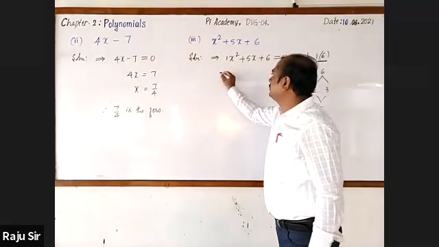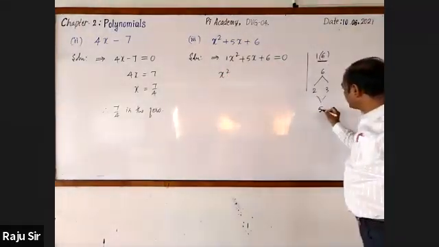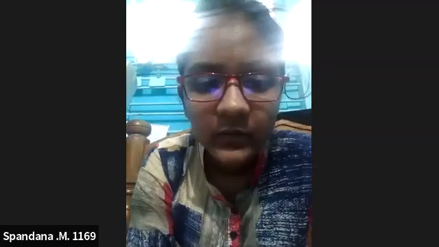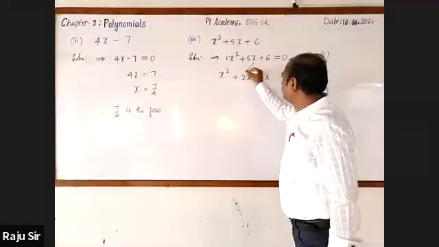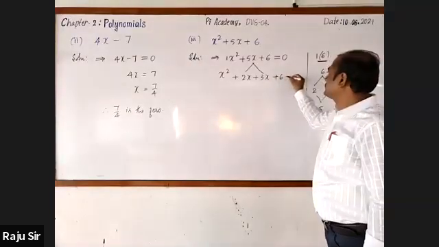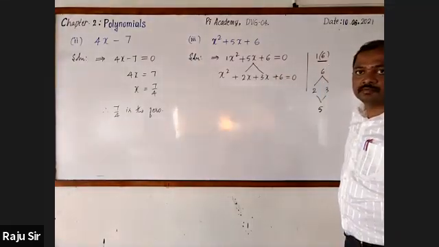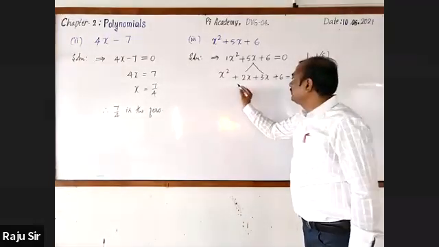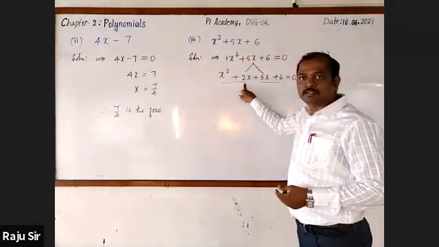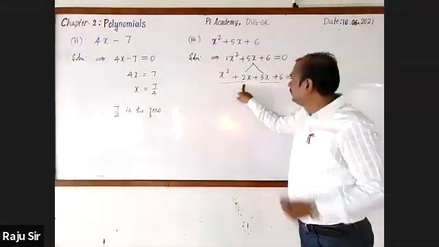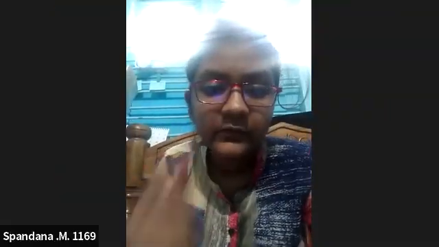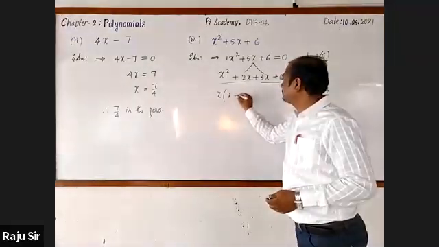Now, I'll write x square. Now, 5x can be split up as 2x plus 3x. I have written 5x as 2x plus 3x, plus 6 equal to 0. Next, you group them by taking 2 terms. x square plus 2x is one group. In this group, we have x common, so x into x plus 2.